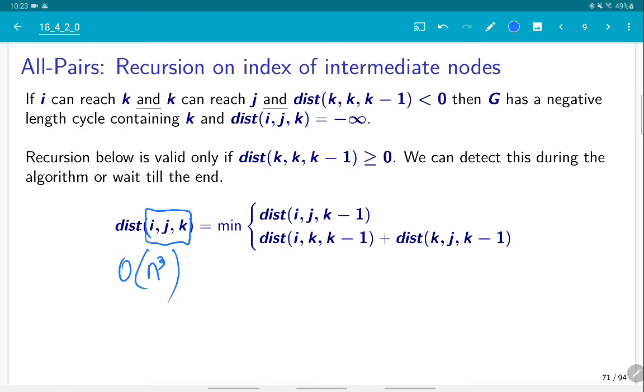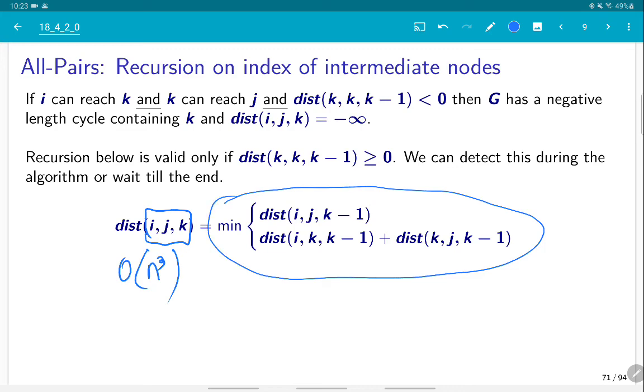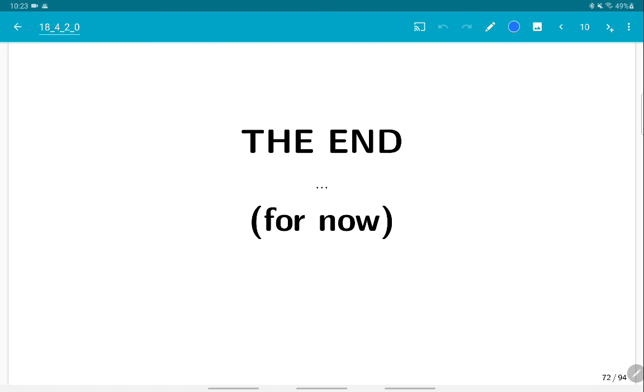But the nice thing is that computing the recursion takes constant time, ignoring the price of the recursive calls, of course. So if I throw this into memoization, or do bottom-up dynamic programming directly, this is going to be O of n cubed time, which is a big improvement, because previously all we had was n to the fourth if there were negative edges. So the next step is to convert this into a dynamic program, which we will do next.